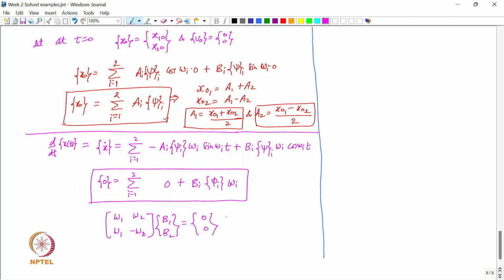So, these are basically homogeneous equations, and what we see is that the coefficient matrix has full rank, correct, its determinant is not 0, which means that these two equations are independent, they are not dependent, right, and hence the only solution in this case for vector b is that vector b should be 0. Therefore, b1 is equal to 0 and b2 is equal to 0.